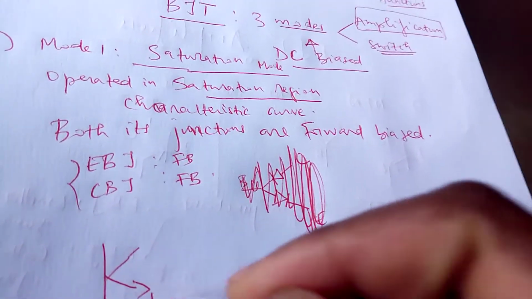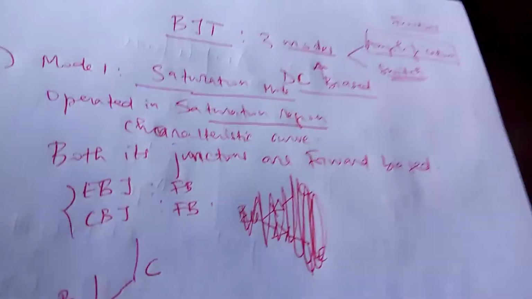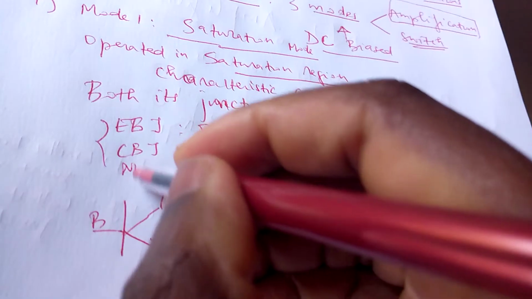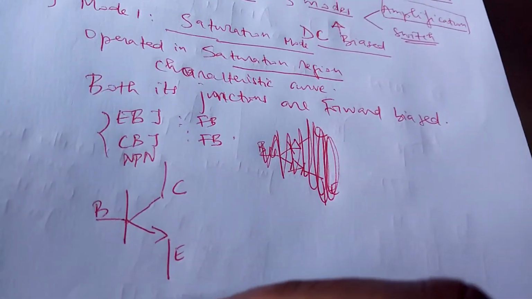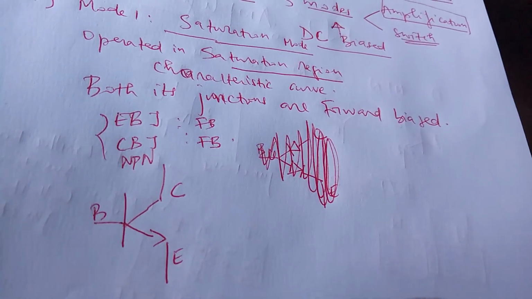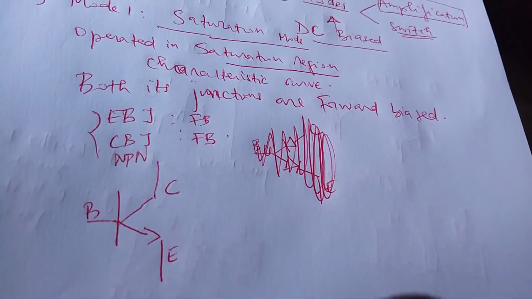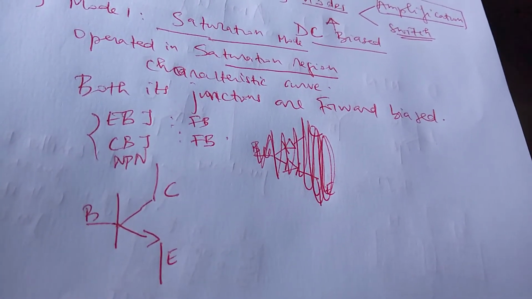So we've got the emitter, the base, and the collector. Remember all the time the inside, and here it's an NPN transistor. So the collector side is N type, so that means it's the anode of the diode, if we think about it. The base is P, so that will be the cathode.